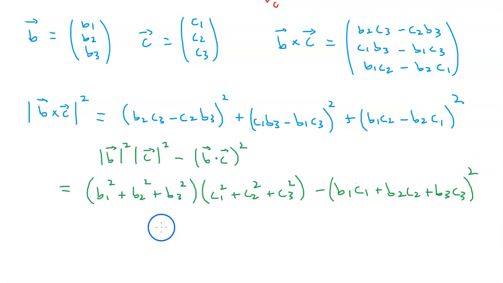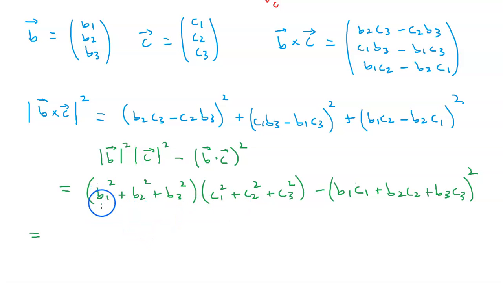To save ourselves a bit of work, we can quickly observe that we're going to get some cancellations, so there are some terms that we don't need to write out. For example, B1 squared C1 squared is going to cancel out with the B1 C1 squared, so we don't need to write any of the Bi squared times Ci squared.